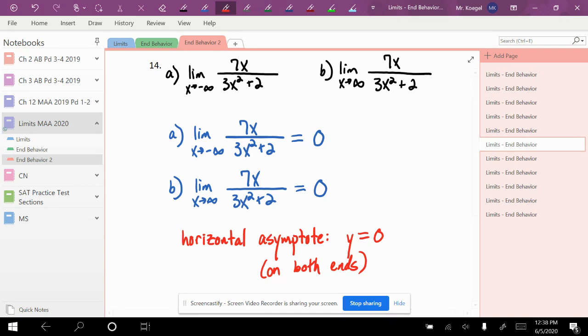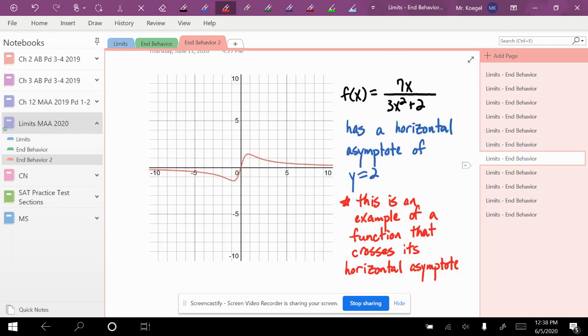Now, what I did is I went into Desmos and I created a graph of this function so we could talk about how it behaves. Okay, we see this horizontally asymptotic behavior. So f of x equals 7x divided by 3x squared plus 2 has a horizontal asymptote of y equals 0. We just established that from the work that we did.